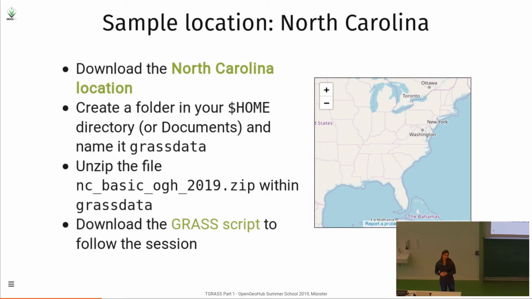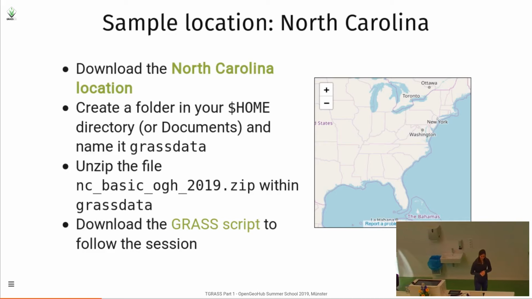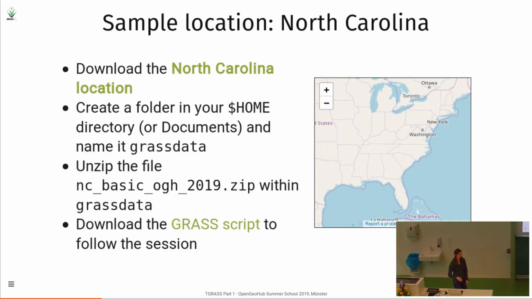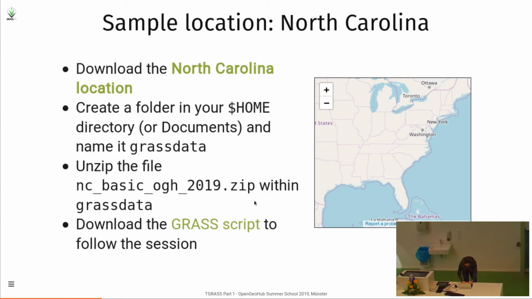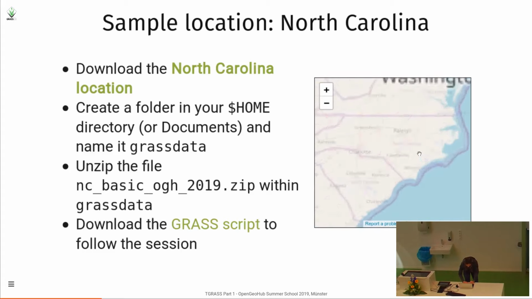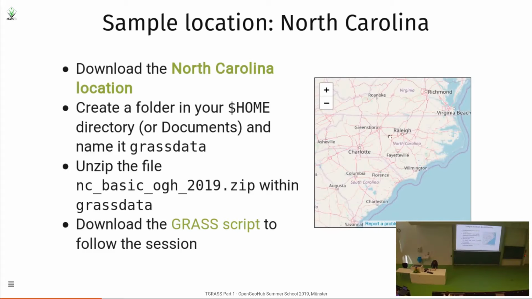So it was not that boring to repeat the same. Sorry for that. So basically, if you want to take this tutorial, just start by downloading the data and the code. They are in the link. The North Carolina state is this one. There. So we will use data from this state.